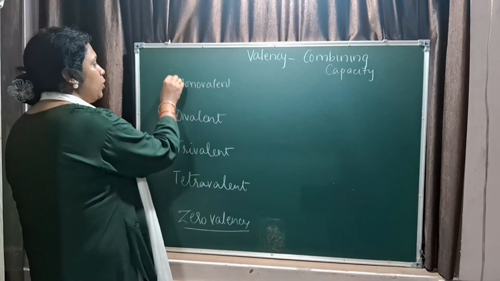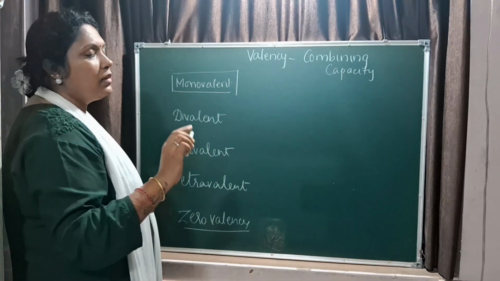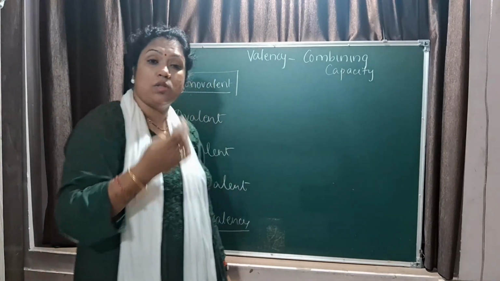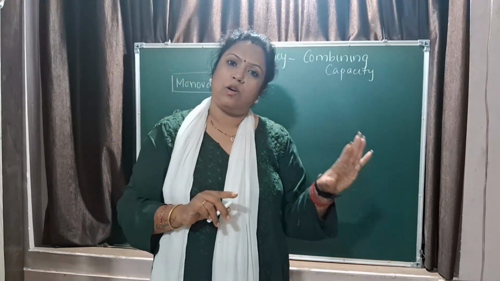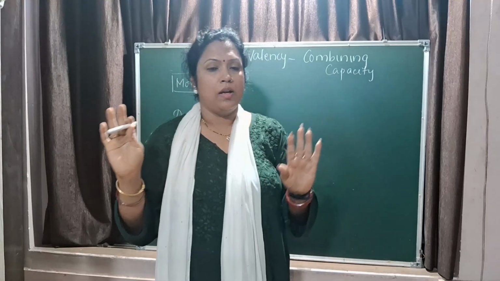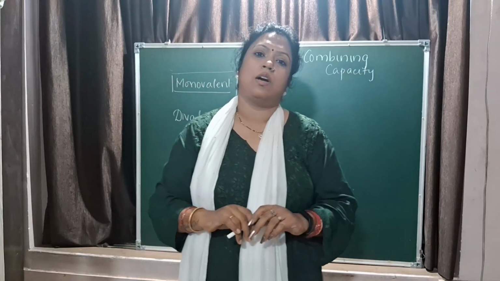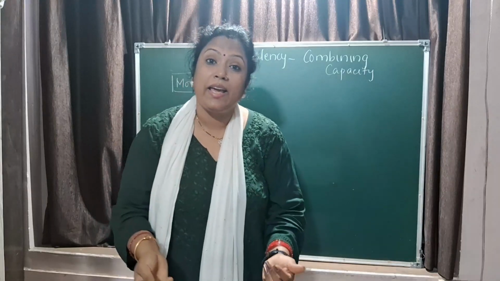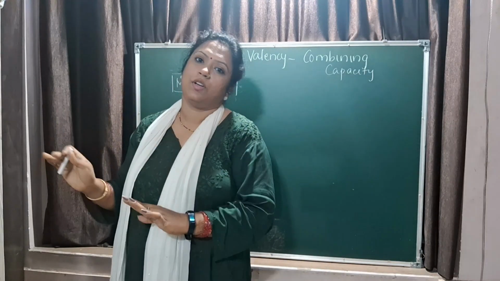Now when you talk about monovalent, monovalent basically are those elements or those atoms which have either one electron in the outermost orbit, so they are ready to give it away and attain a noble gas configuration, or they have 7 electrons in the outermost orbit, so they can gain 1 electron and attain a stable noble gas configuration.